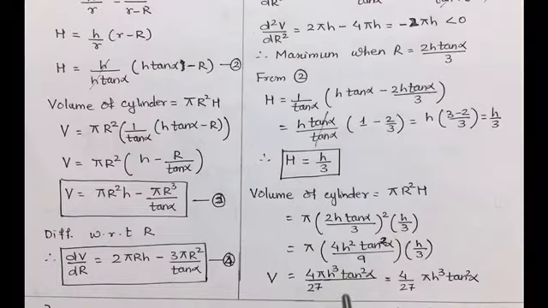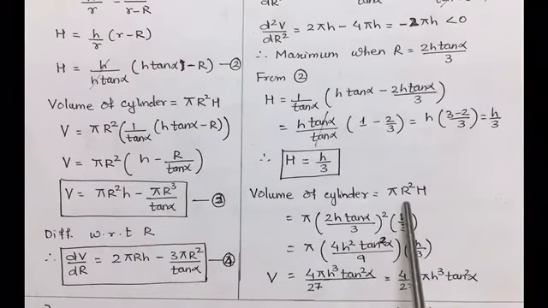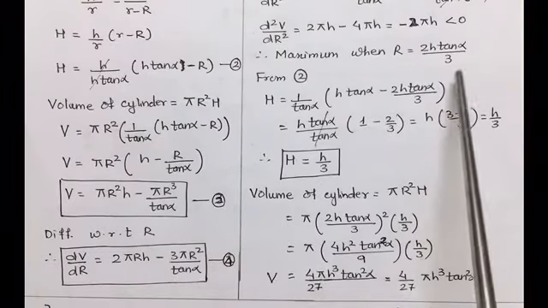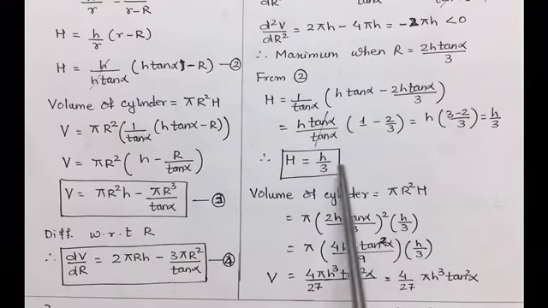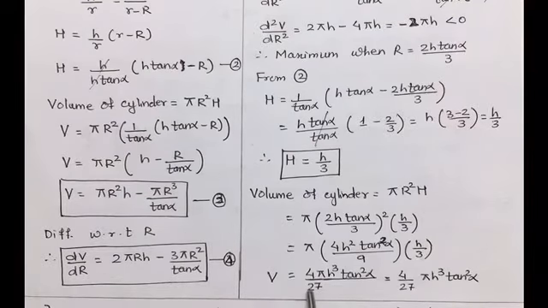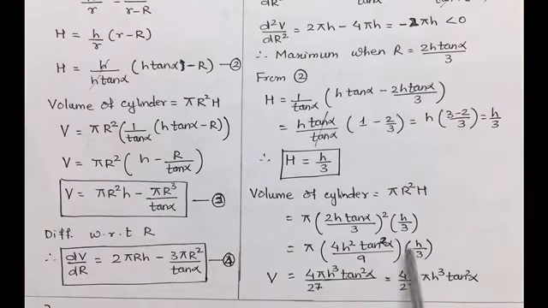cone. Now it is asked to find the volume of cylinder, that is pi r square h. So keeping the value of r as 2h tan alpha by 3 and squaring it, capital H as h by 3, and solving it completely, we will get the volume of cylinder as 4 by 27 h cube pi tan square alpha.